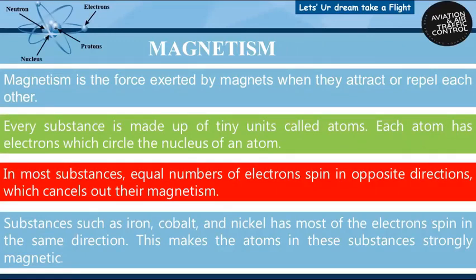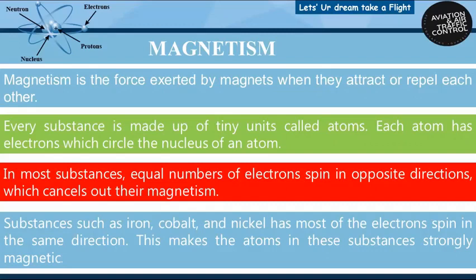Magnetism is caused by the motion of electric charges. Every substance is made up of tiny units called atoms. Each atom has electrons that carry electric charges. The orbital and the spin motion independently impart a magnetic moment on each electron, causing each of them to behave as a tiny magnet.